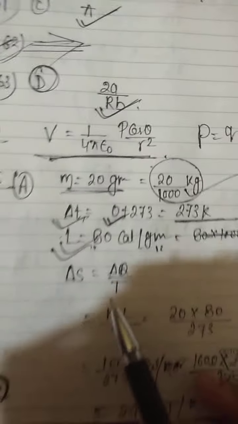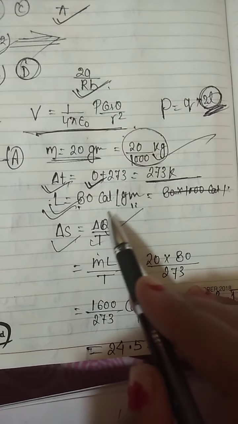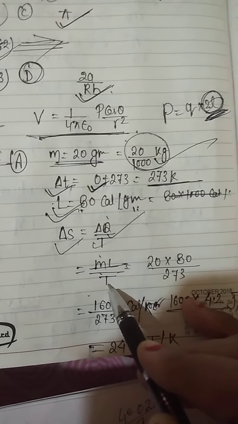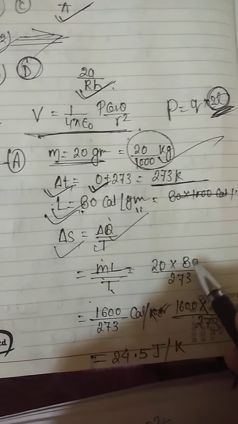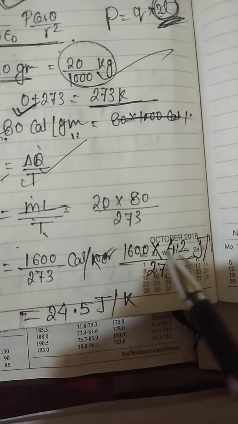And we know delta S means change in entropy is equal to change in heat upon temperature. Change in heat is mL upon T. M's value is 20, L's value is 80, so 20 into 80 upon 273. By solving it, we are getting 24.